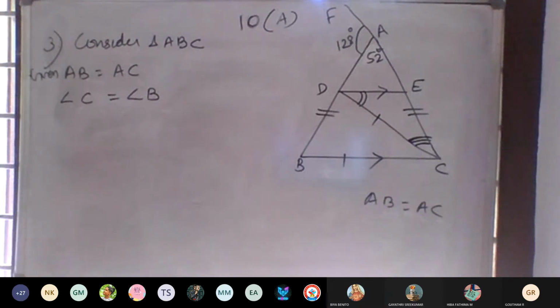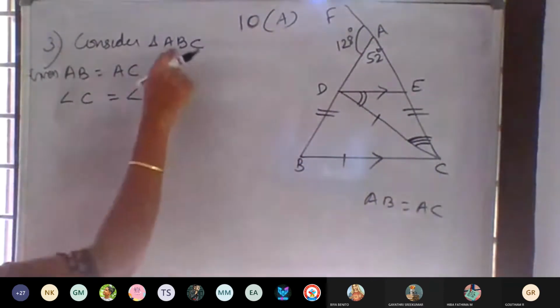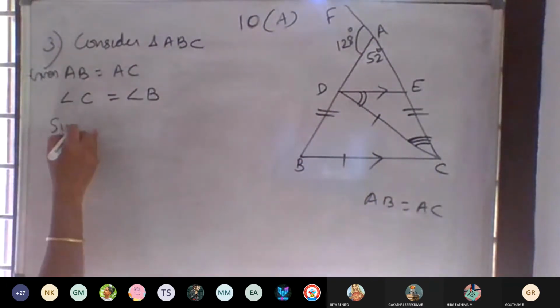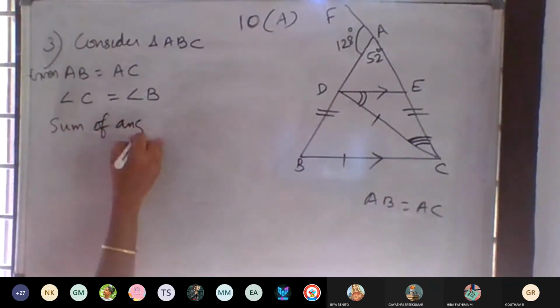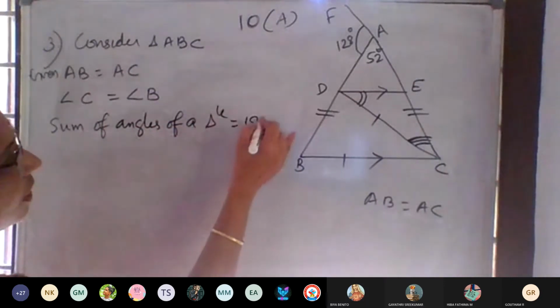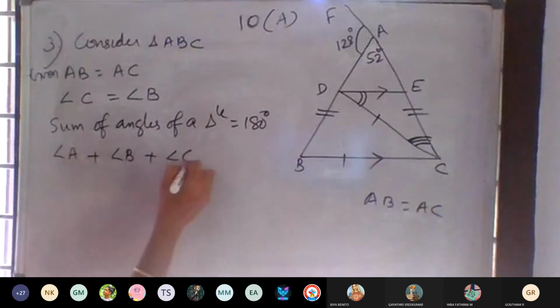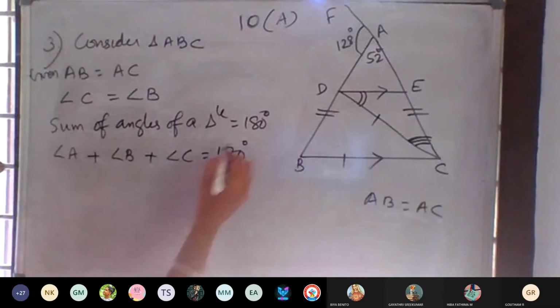Again, we can apply the concept of sum of angles of a triangle is equal to 180 degree if we consider triangle ABC. That is angle A plus angle B plus angle C is equal to 180 degree.